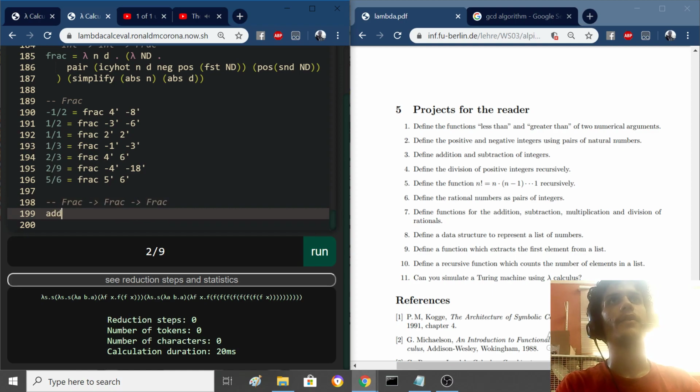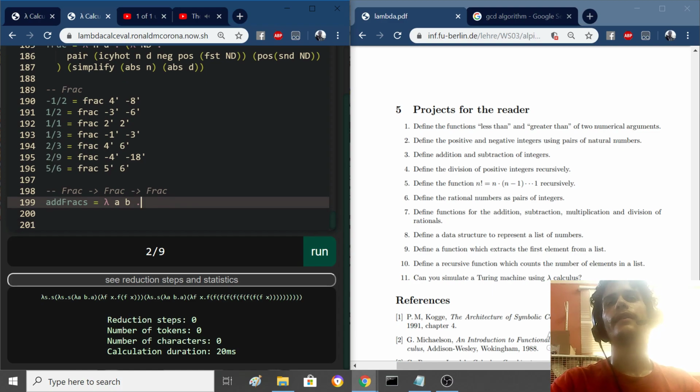So this one will be called add fracs, of course, and it's going to take two fractions, right? And we want to think about splitting the numerator and denominator because that's going to make it a lot easier to work with, right?